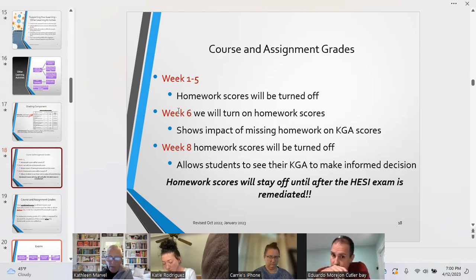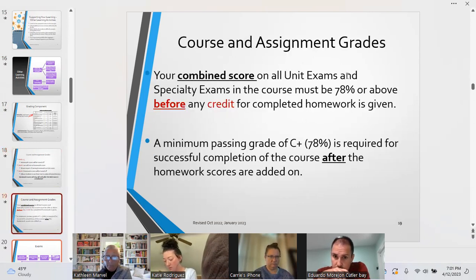We all know what a homework fail is, right? This is not a class to take a homework fail in. There's just not that much. That's your 78%. Does anybody need me to explain this slide?